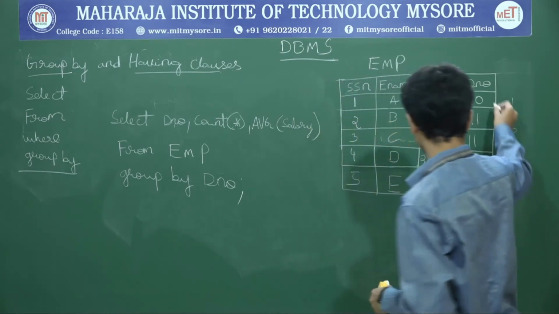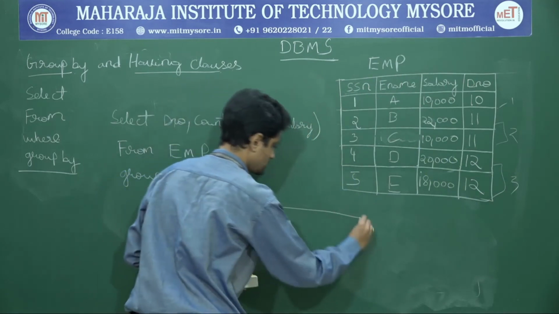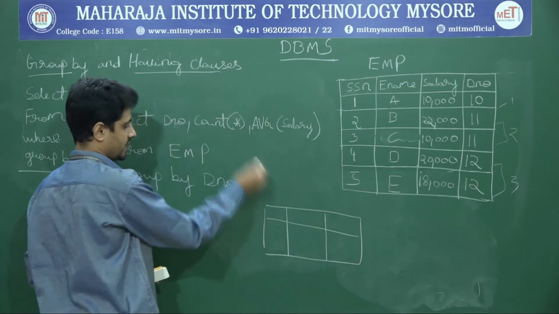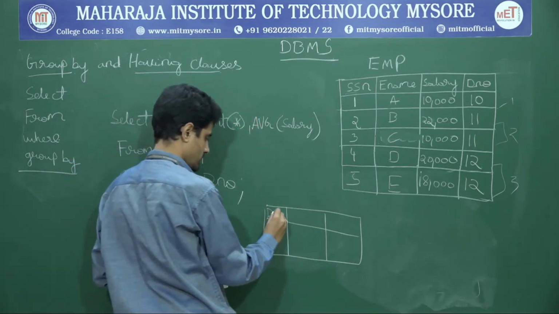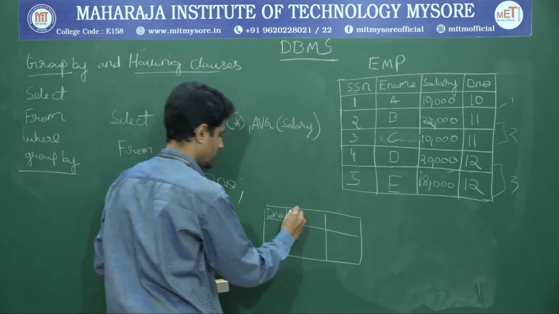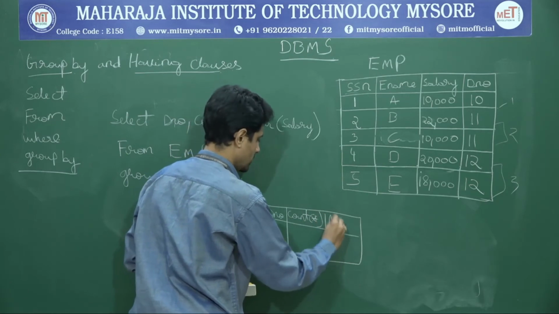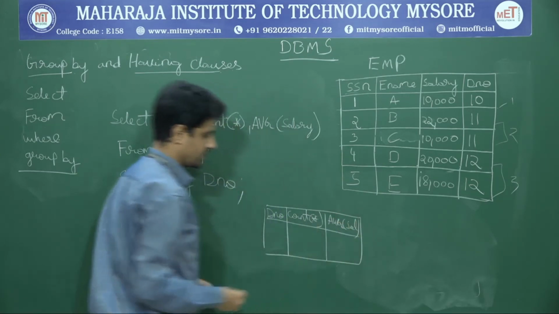What is common across the first group? 10. So the output I will be expecting is the same name; if you want, you can rename by using the as keyword. So department number, count star and average salary will be there.